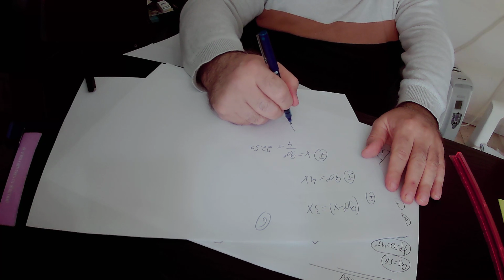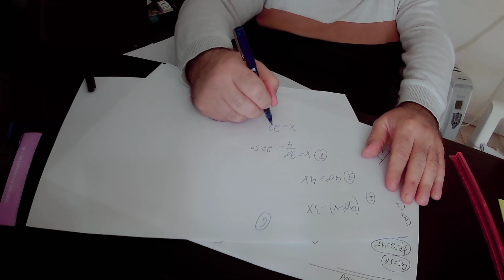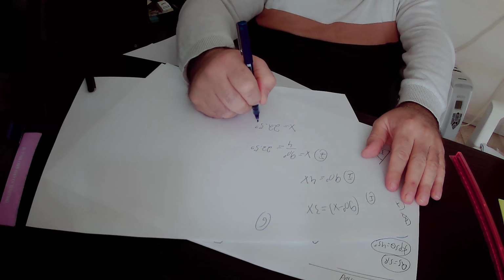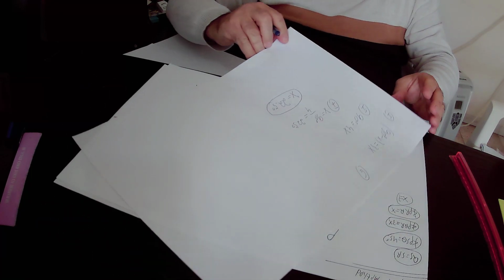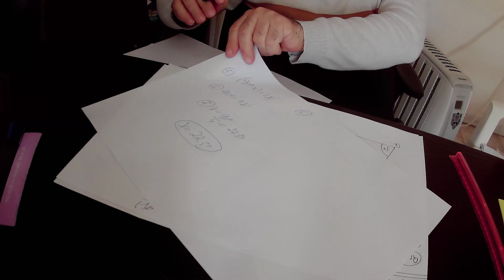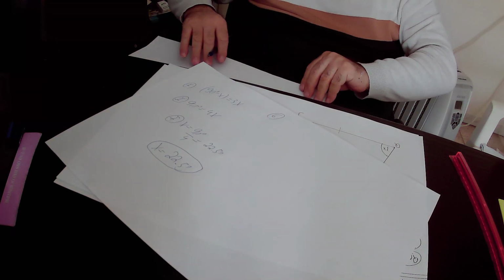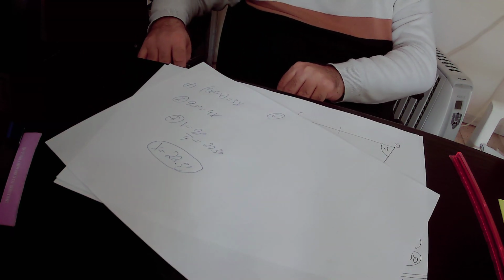So we found out that x equals 22.5 degrees. So we finished with the first method.